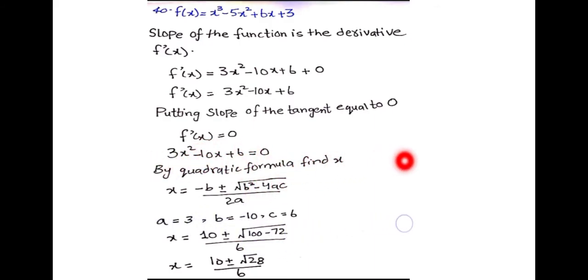First of all we write these values of a, b and c, and then put them in the formula. The quadratic formula is written as x equals -b plus or minus the square root of b² - 4ac, over 2a. We put in the values of a, b and c, and then simplify to find the value of x.